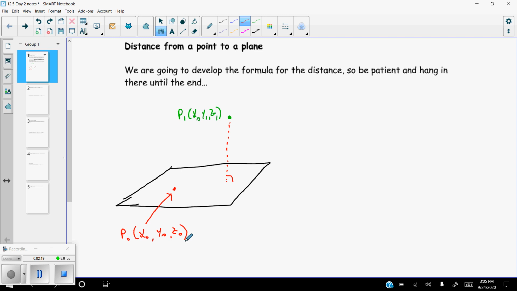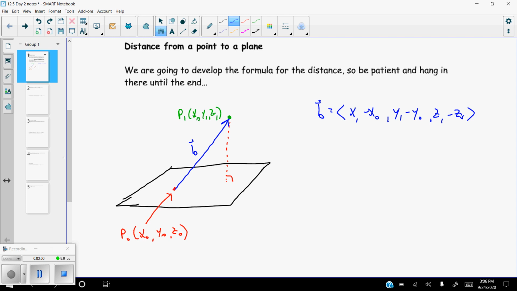So what we do know is that we can find a vector which goes in between the 2 points. We'll call that vector B. It would be the differences in the points, so x1 minus x0, y1 minus y0, z1 minus z0.